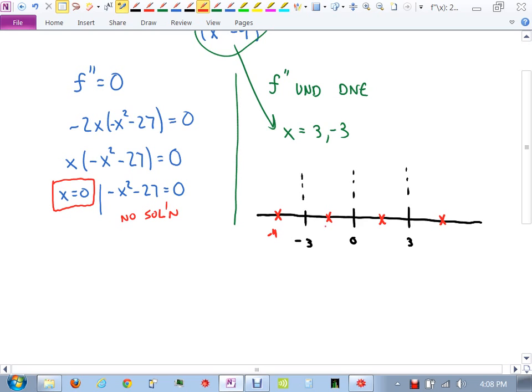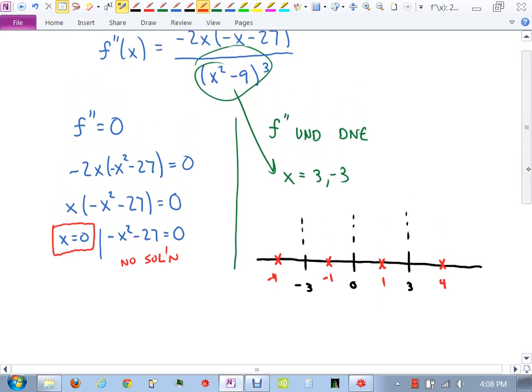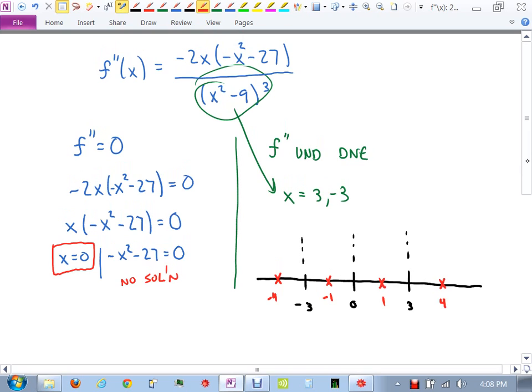I'm going to pick -4, -1, 1, and 4. And where am I plugging those in? Second derivative, right? Let's plug in -4. I'm going to do it up here so we can see it. What is f double prime of -4? We get -4 times 2, it's going to be 8.